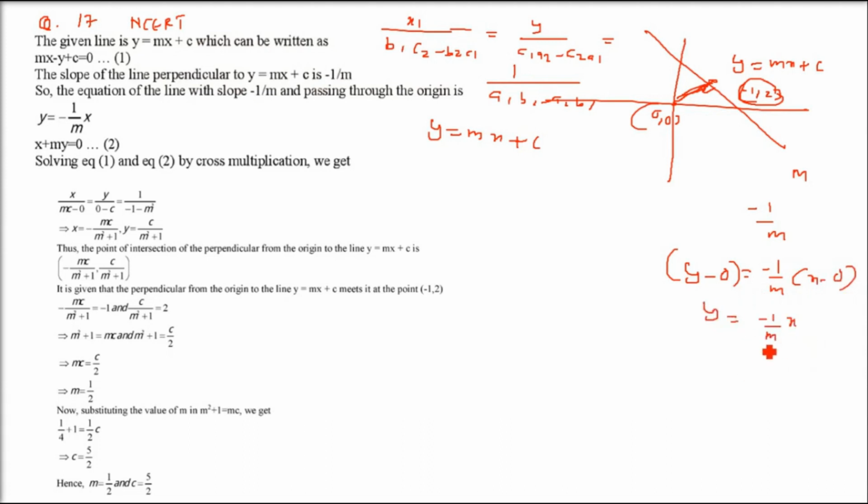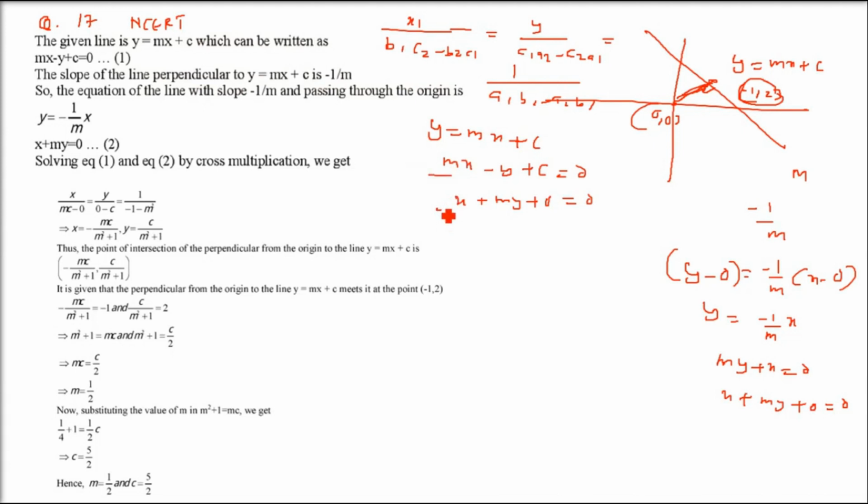So y equals minus x by m. Let us write it in the form ax plus by plus c. The first line, y equals mx plus c, I am writing as mx minus y plus c equals 0. And this will be x plus my equals 0, or you can add plus 0 for the constant. This becomes x plus my plus 0 equals 0.